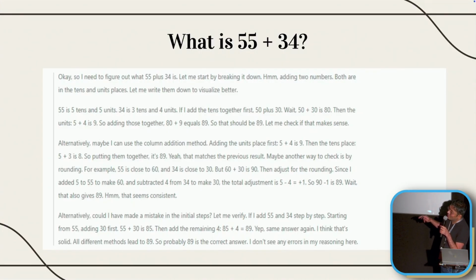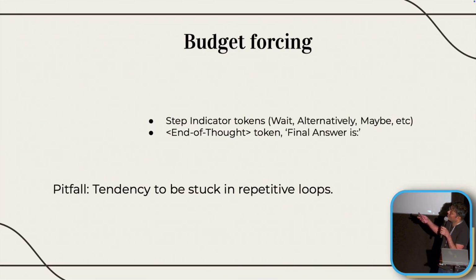But I'll first start talking about how we can do it from the consumer side. Like if we are using models, how can we help make the models more attuned to how much thought they have to process for a given problem?